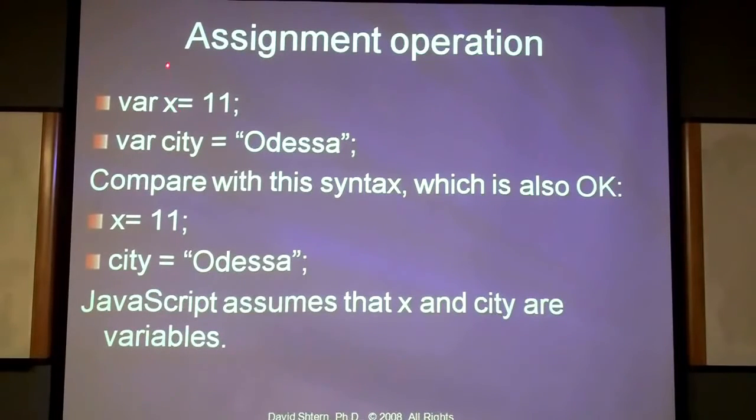But you realize that this syntax is much better if I declare variable x and variable city for the first time, because in this case it's not clear whether these variables are being created or were created before and I'm reusing them.